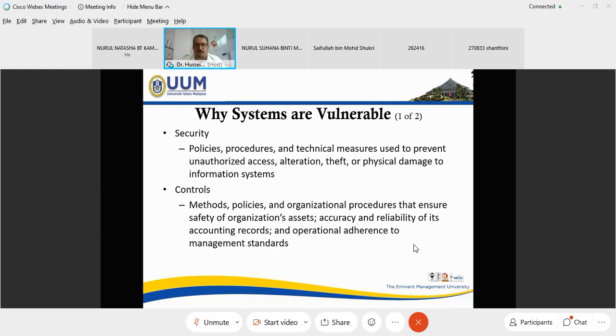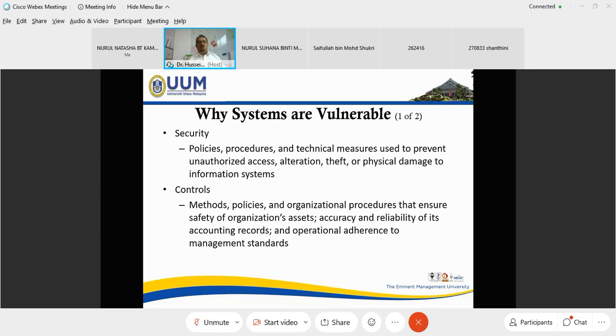We have to use all procedures and technical measures that can prevent unauthorized access, alteration, theft, or physical damage to information systems. Sometimes they can burn the hard disk. Some viruses can damage even your single laptop easily. The hard disk can be damaged easily, so there can be physical damage.